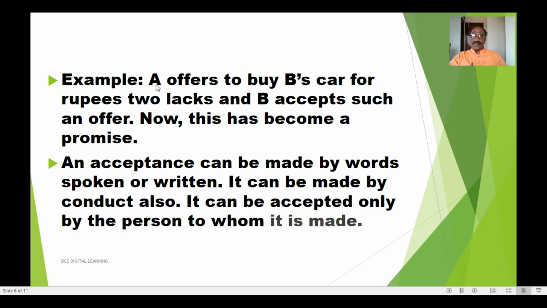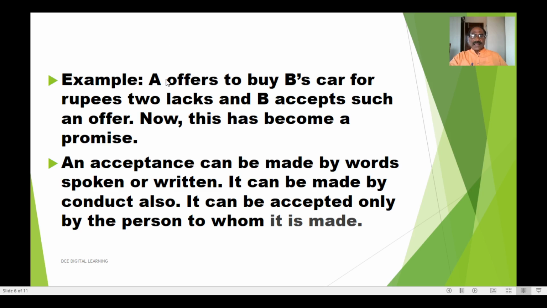Here A offered to buy B's car for rupees 2 lakh and B accepts such an offer. Now this has become a promise. So here we can observe the two parties in this example, A and B. Here A is the offerer and B is the offeree. From A there is an offer. What offer is it?